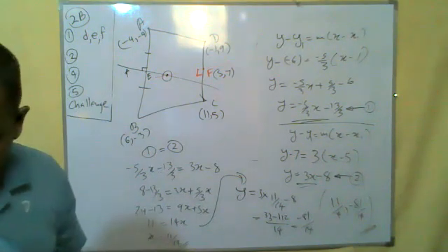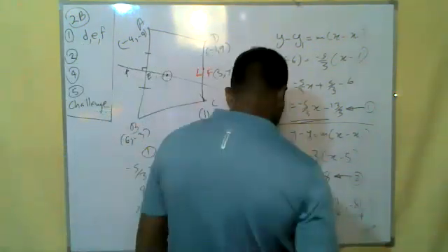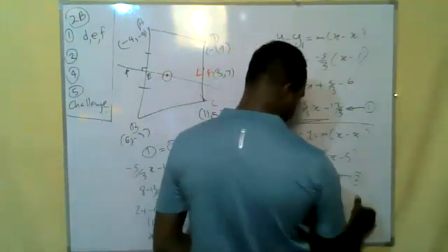Yeah, not 81, 79, no? It should be 79. Yes, minus 79 over 14.